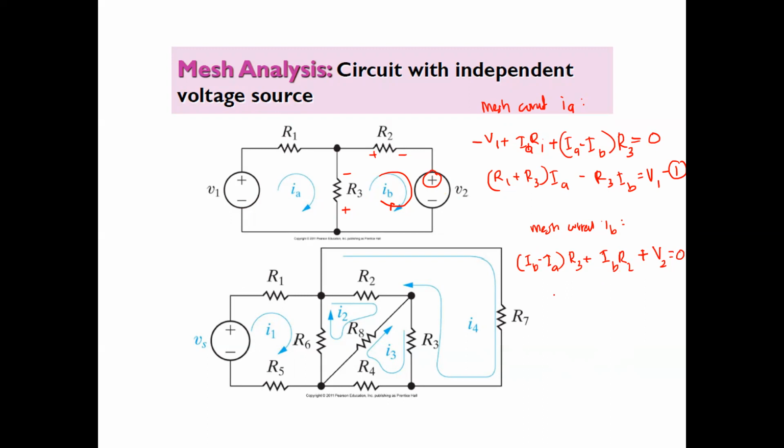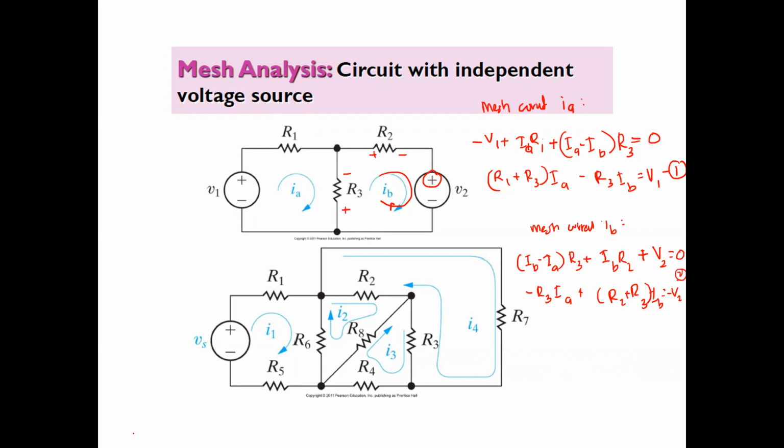Then we rearrange this one. You will obtain that this one is negative R3 IA plus (R2 plus R3) IB, and then this is equal to negative V2. So this is your second equation.